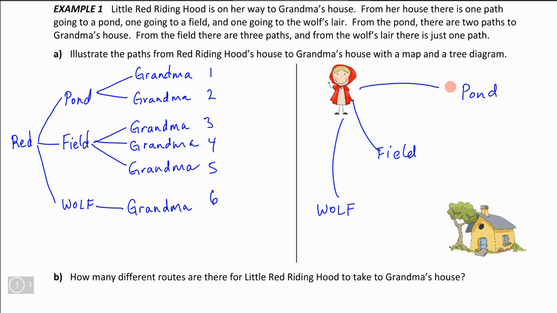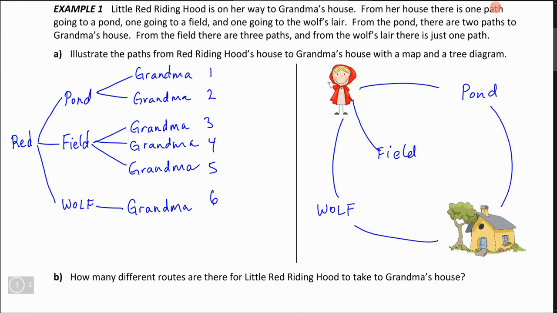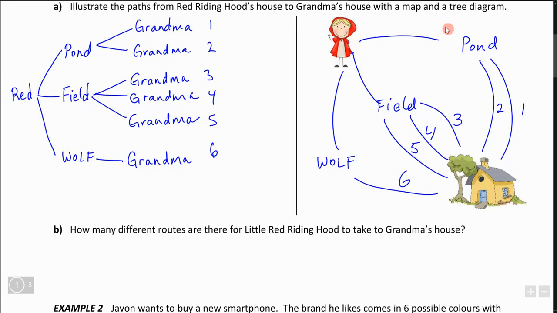And then, out of all these 3 different places to go, they all connect to Grandma's house. And we know wolf's lair only has 1 connection. The pond has 2 connections, and the field has 3 connections. So I can show this mapping diagram like so. And I can indicate that there are 1, 2, 3, 4, 5, 6 ways to get to Grandma's house.